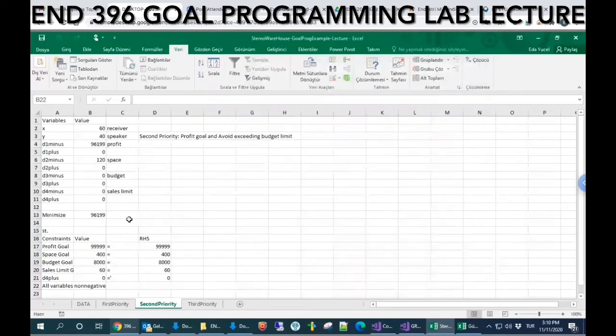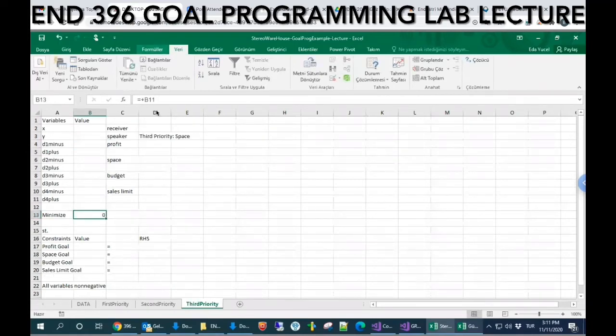Okay, so we get this value. After obtaining this value, what should we do? We should use the optimal values for D3 plus and D1 minus in the third priority goal programming formulation. Okay. By using the same model in the goal programming formulation of the third model, we should include these constraints that set the optimal values for these variables. Okay, let me do this as well.